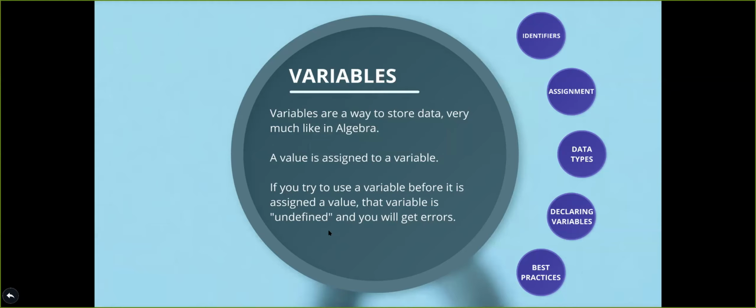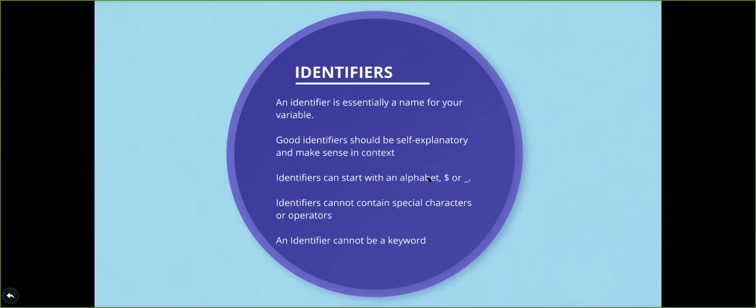Okay, now we're going to look at identifiers. An identifier is the way that you name your variable. It's essentially an ID, an identifier for your variable. So if I had a variable called first name, the identifier is first name. The rules around identifiers are typically words, right?